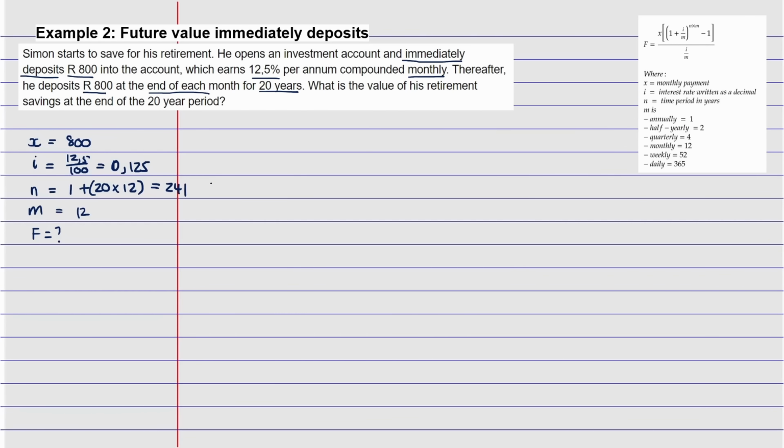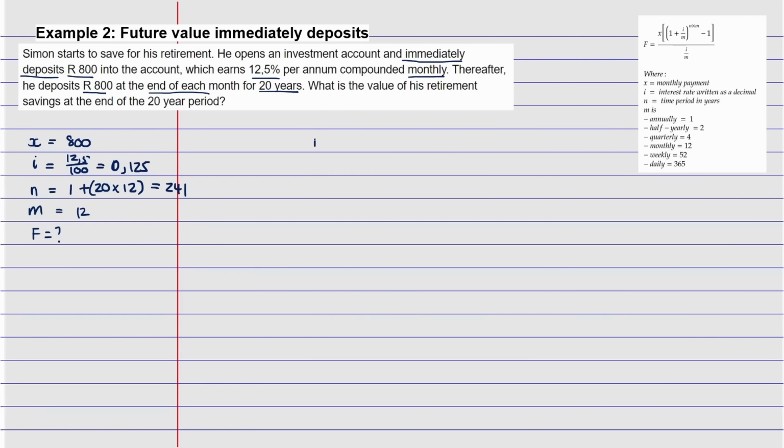So Simon made 241 payments. If he did not deposit immediately, he would have made only 240, but we take into account the extra payment made immediately, which is that 1 payment. I hope that makes sense.